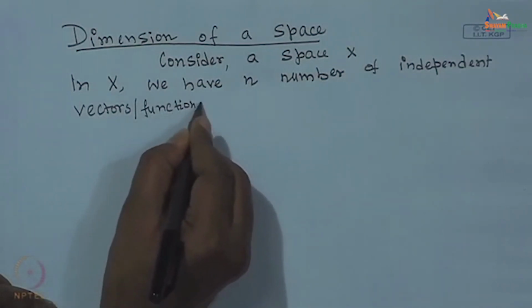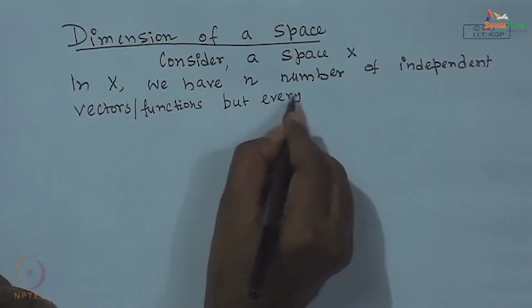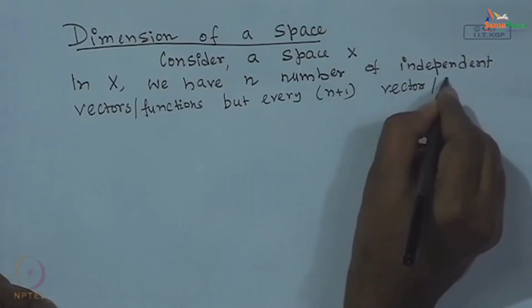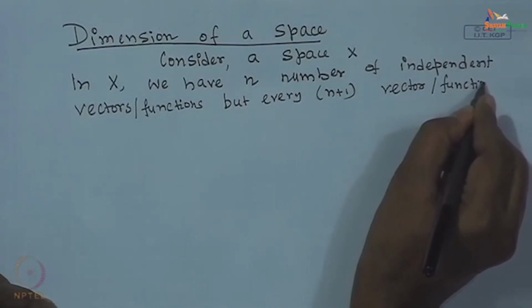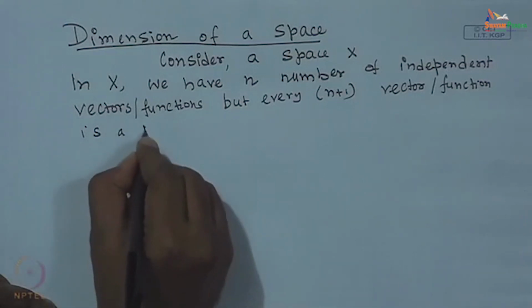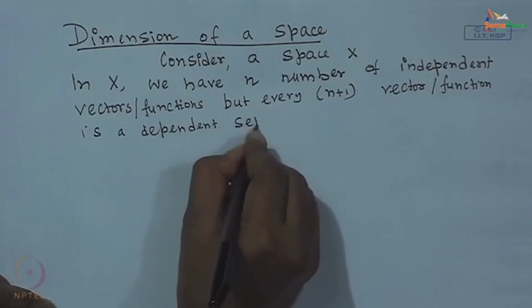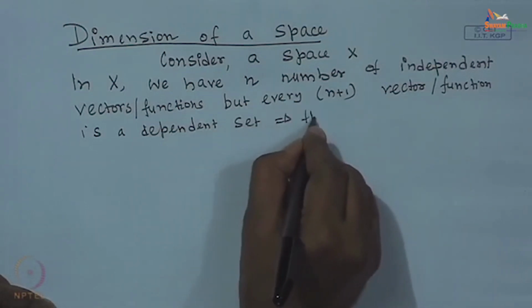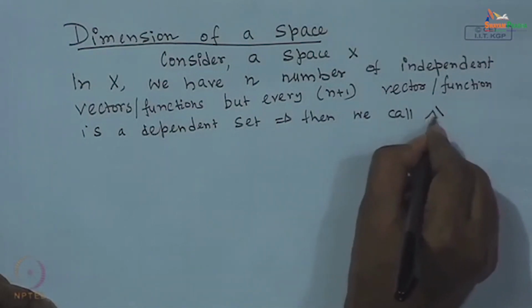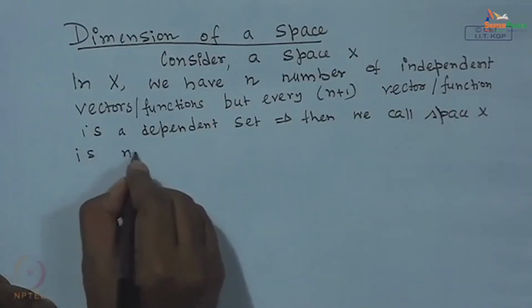So, either vectors or functions, but every n plus 1 vector or function is a dependent one, dependent set, then we call space x n dimensional.